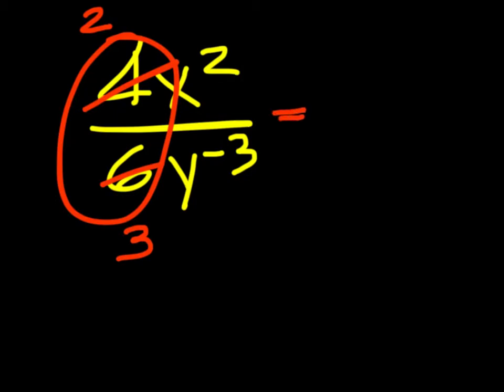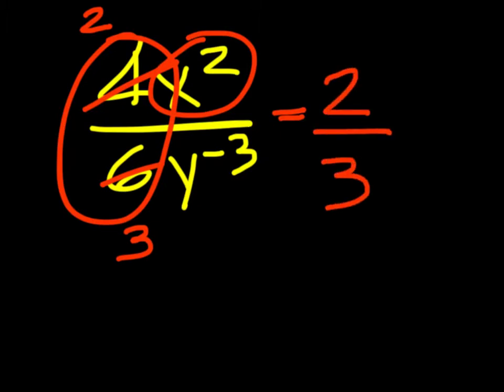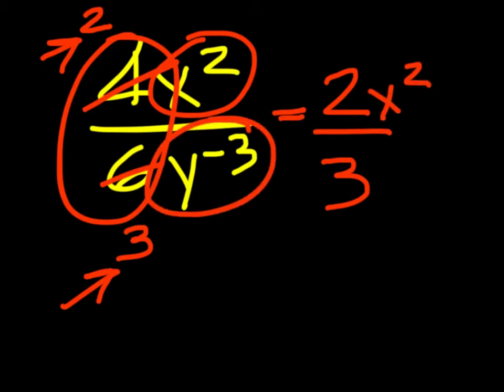And then go to your exponents. This one stays on top. So remember, you have 2 over 3 to start with from here and here. This x to the second stays on the top, but the y to the negative third must go to the top and become a positive exponent. So it's 2x squared y to the third over 3.